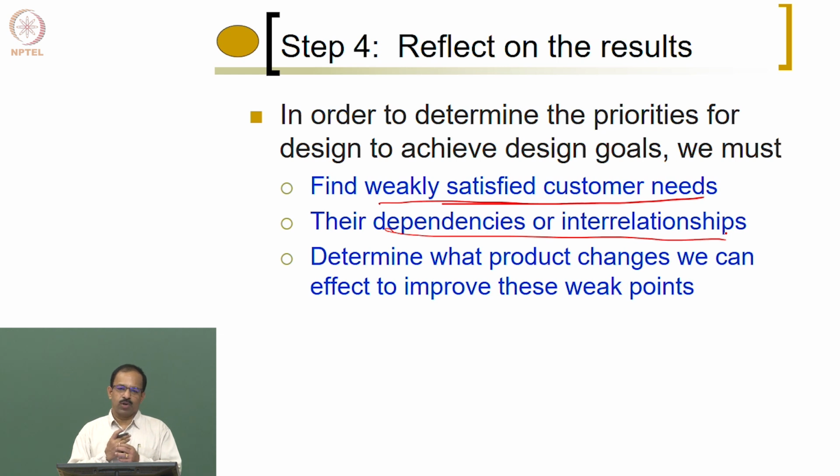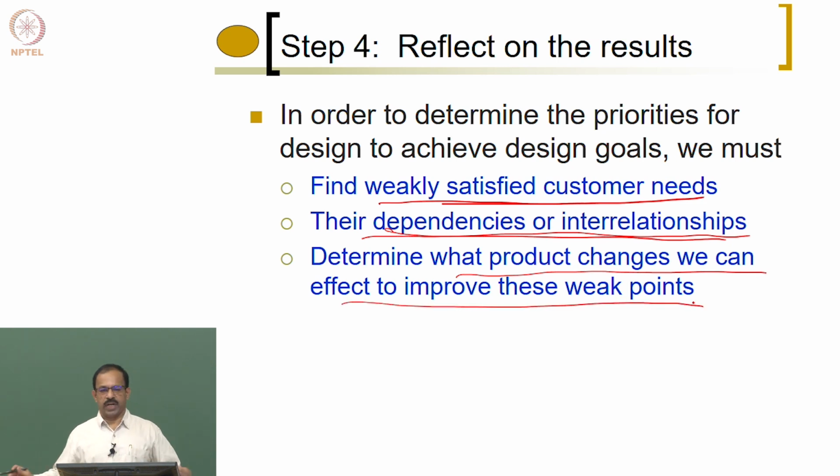If you want to reduce the weight, then the strength will go down, but you want to increase the strength and reduce the weight also. So there may be some kind of interdependencies or interrelationships. We need to find out which one is actually going against our requirement or expectation, and what product changes can improve these weak points. So what the weak points are and how we improve upon them need to be identified.